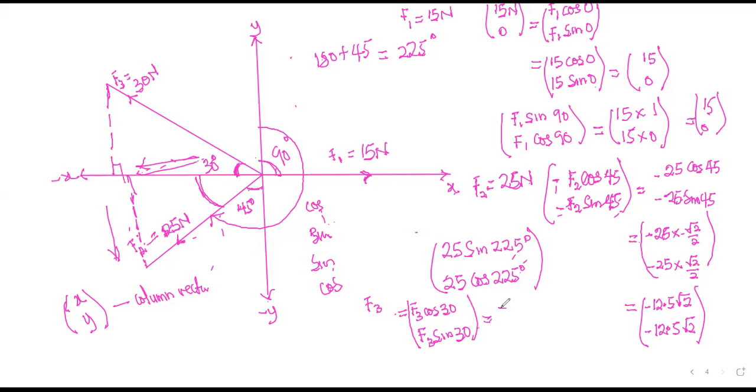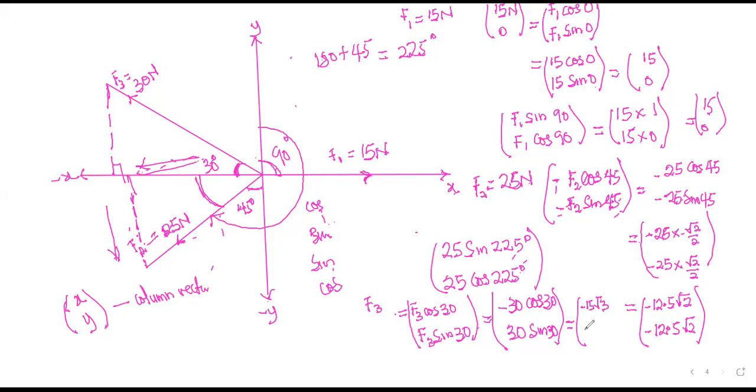So negative 30 cos of 30 degrees, then 30 sine of 30. Cos 30 is root 3 on 2, so we have negative 15 root of 3.